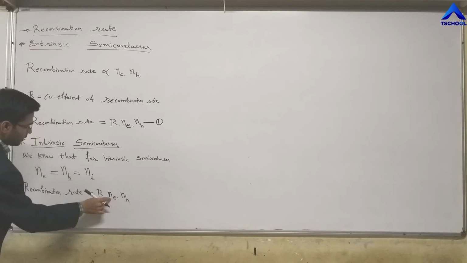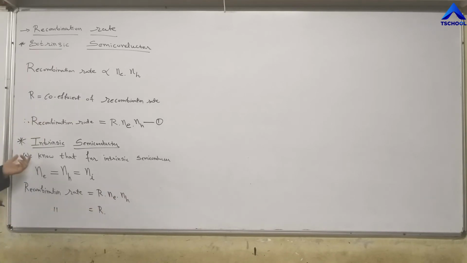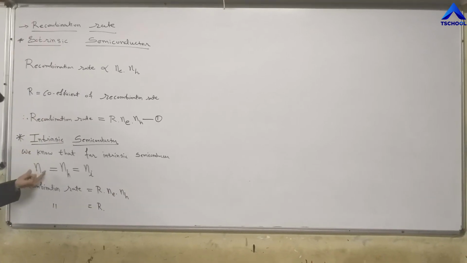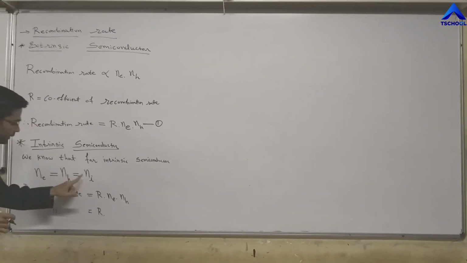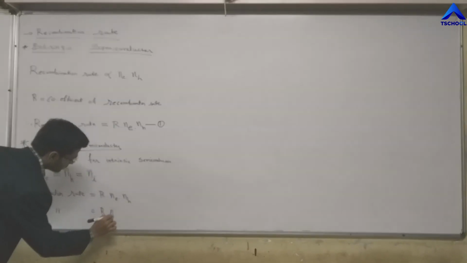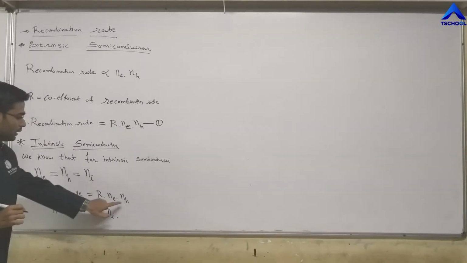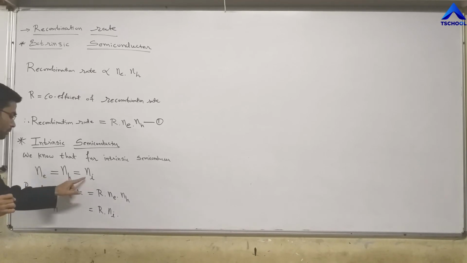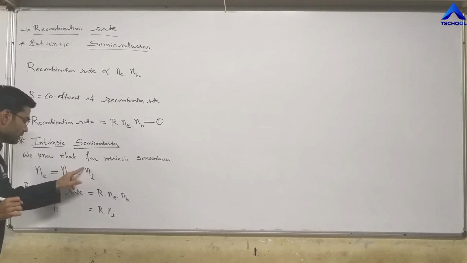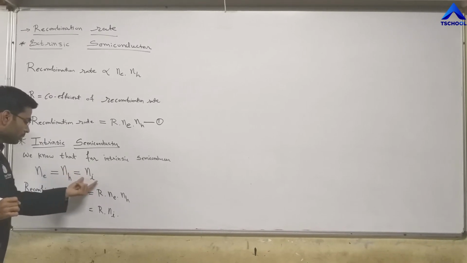In an intrinsic semiconductor, Ne is equal to Ni and Nh is equal to Ni.